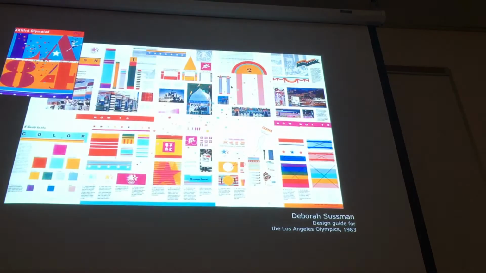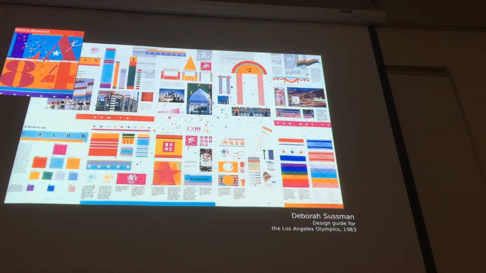Probably the last couple of slides that I have to show you here that represent this California style came from a woman named Deborah Sussman, who designed the Los Angeles Olympics in 1984.